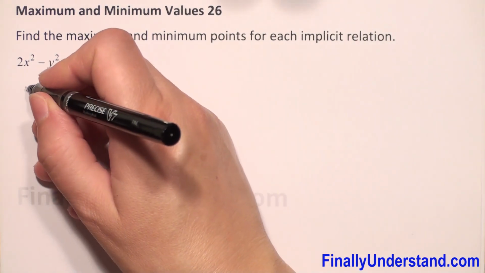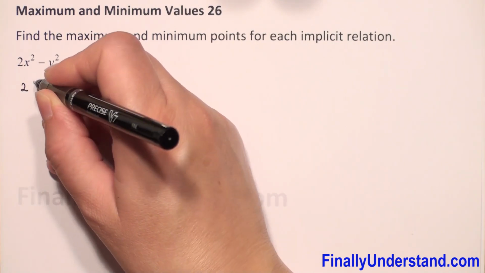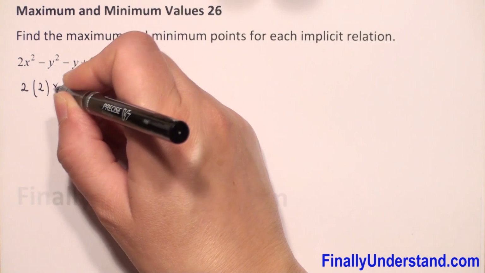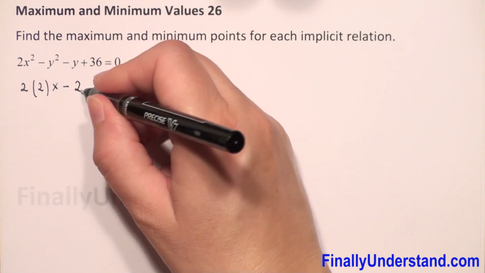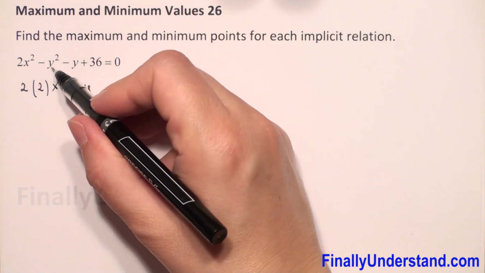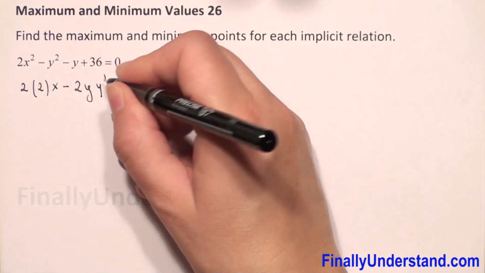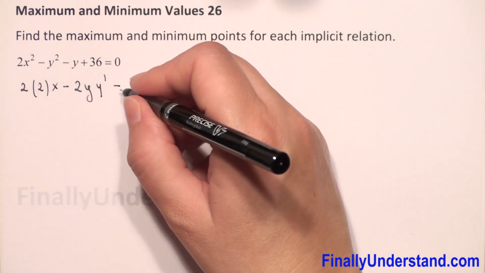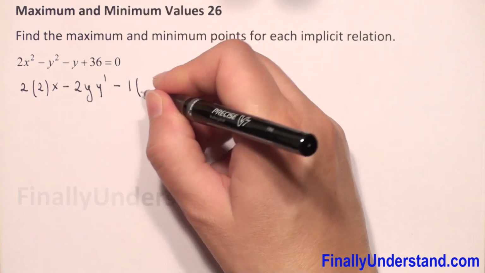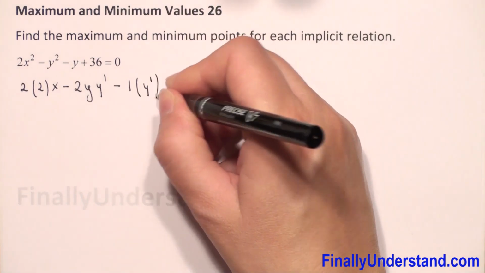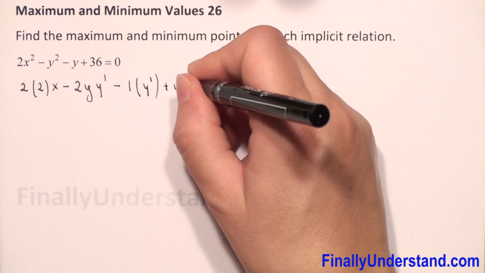So we have 2x squared. The derivative of 2x squared will be 2 times 2x, minus the derivative of y squared, which will be 2 times y, and because we have y, we have to write times y prime, minus the derivative of y, which is 1 times y prime, plus the derivative of 36, which is 0.